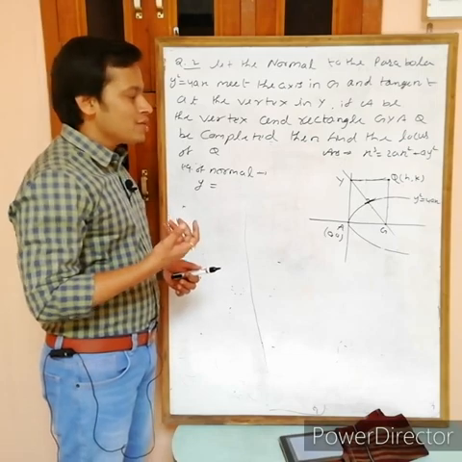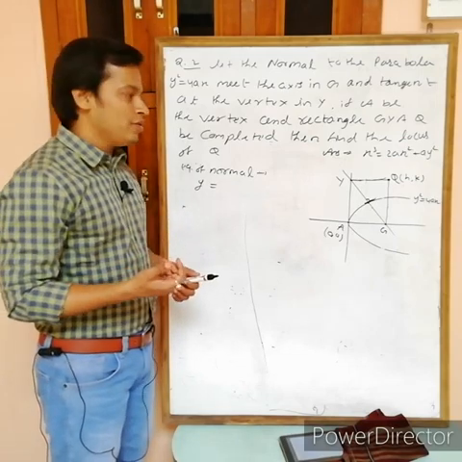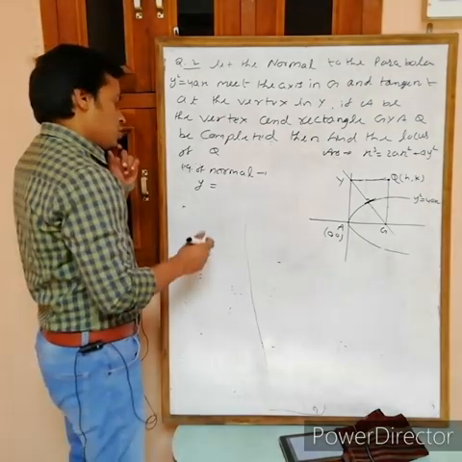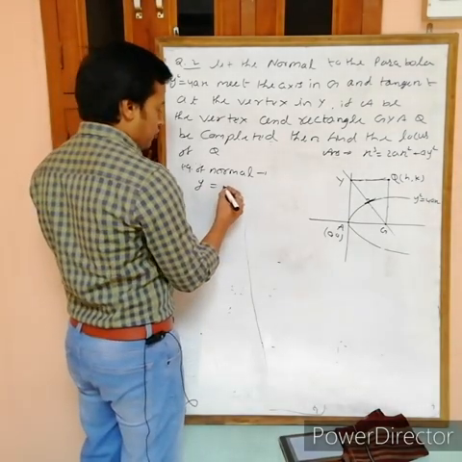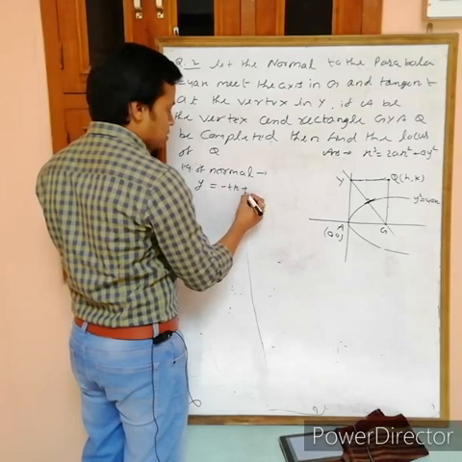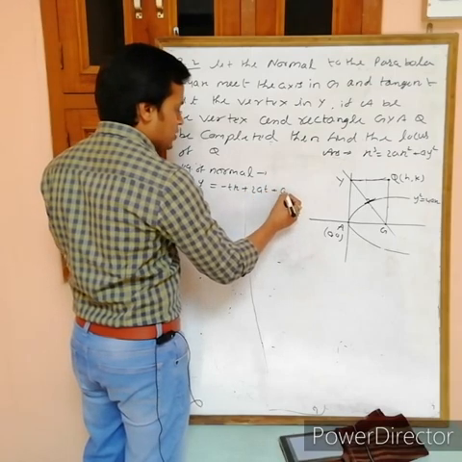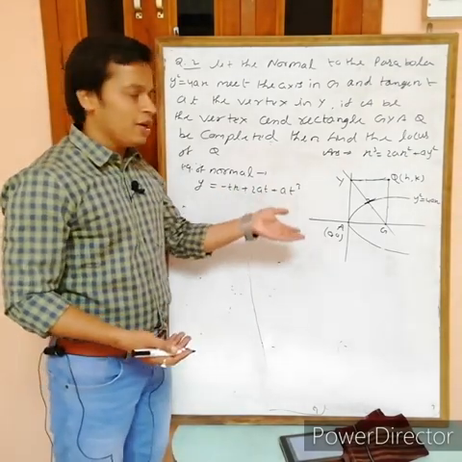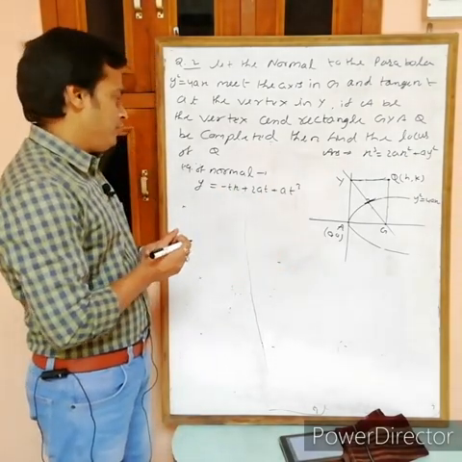If points are given, then use parametric form, though slope form also works. So the equation of normal in parametric form is y equals minus tx plus 2at plus at cube. This is the general equation of the normal to the parabola.